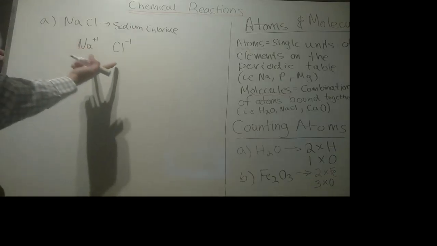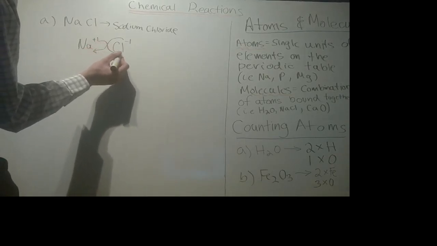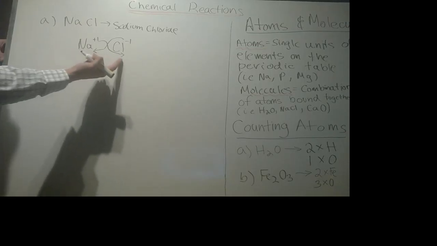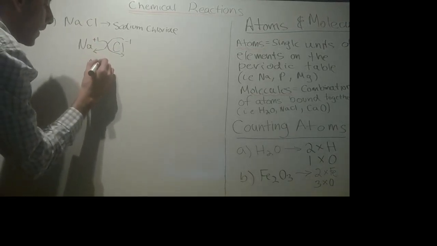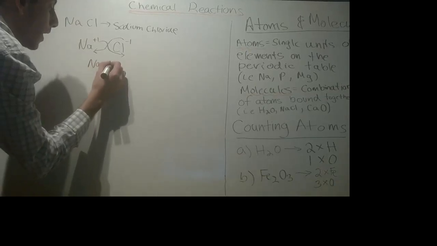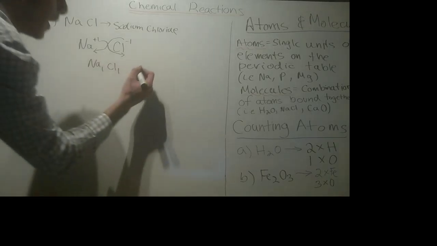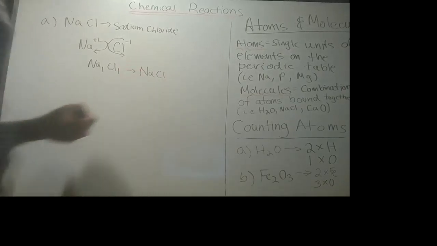But from the charges, we crisscross them down through what's known as the crisscross rule to figure out the subscripts of the metal and the non-metal in the compound. So in this case, there's going to be 1 Na and 1 Cl, and as we mentioned before, there's no need to write 1s because they're implied if it's not written, so we just call this NaCl, as we mentioned before.